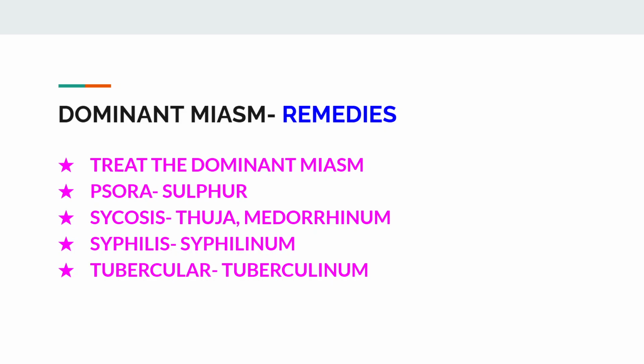If you are prescribing sulfur on the totality of symptoms, it may be called the constitutional remedy. Whether I am giving sulfur as constitutional or as anti-miasmatic, it should be clear in the physician's mind.